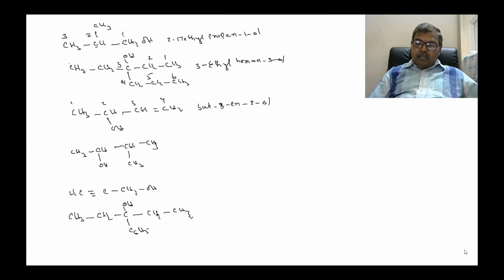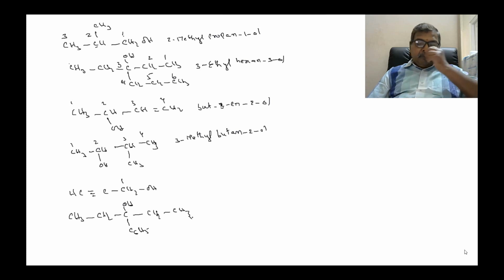Now again 1, 2, 3, 4. So you can proceed from this. Therefore, it is 3-methylbutan-2-ol.